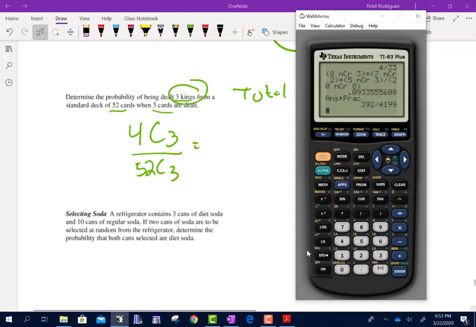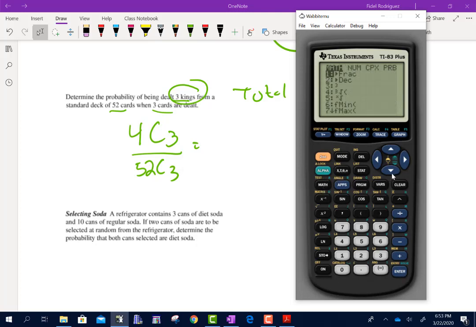So let's try this again. Let's go 4, math, probability, choose 3, divided by 52, math, probability, choose 3, and close that off, hit enter.